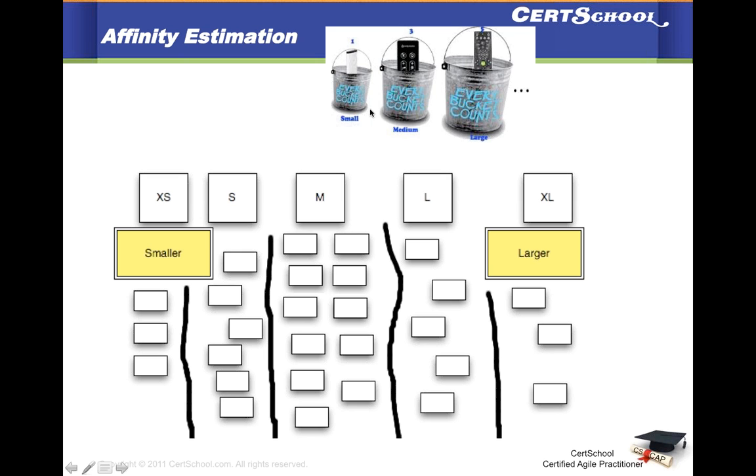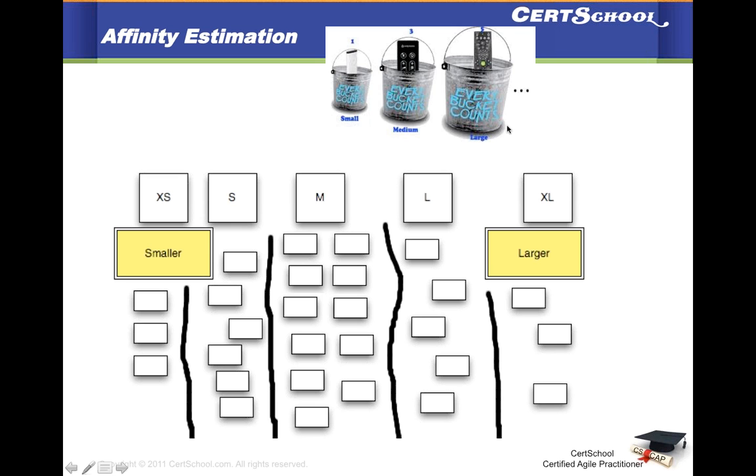Sometimes teams use five buckets, but it's more common to use 3 buckets when using affinity estimation. You can just put your story in those buckets, whether your story is small, medium, or large.